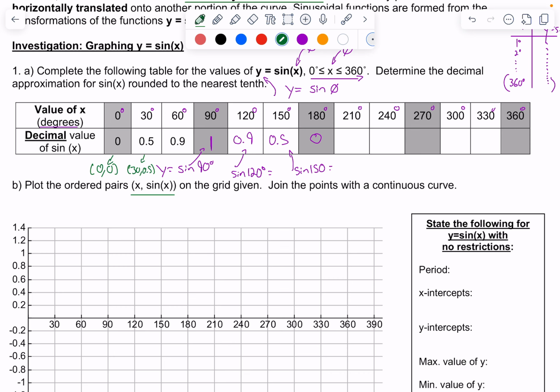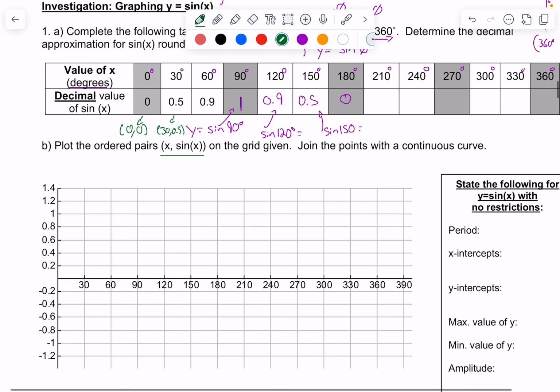So if I'm plotting the first one, 0, 0, this would be 0, 0 right here. The next one is 30 and 0.5. The next one over is 60 and 0.9, that would be right here. And then I have 90 and 1.